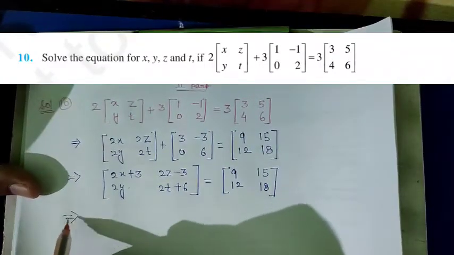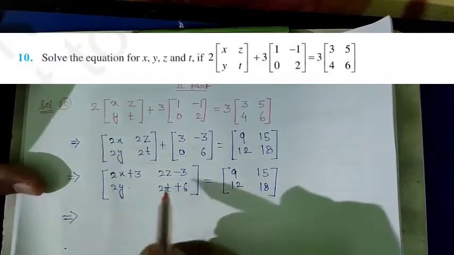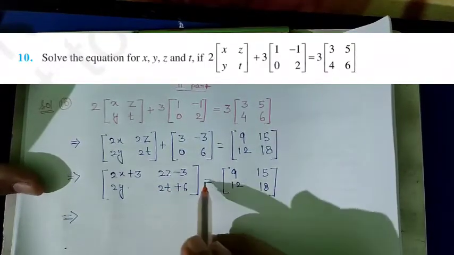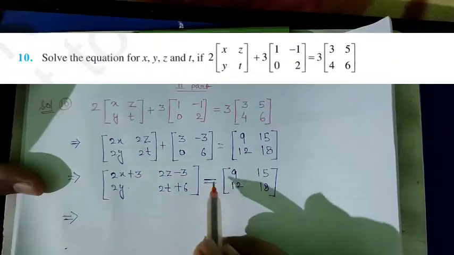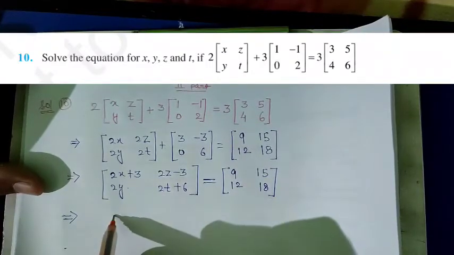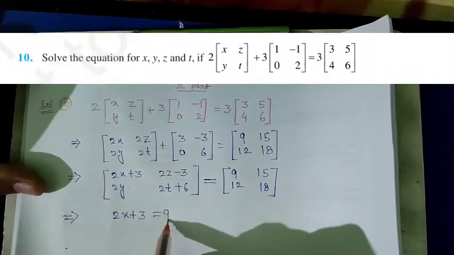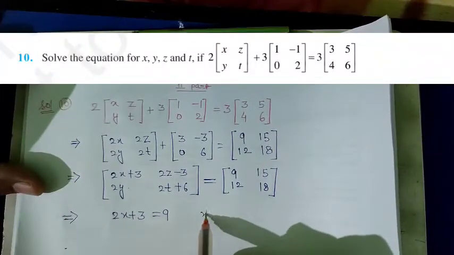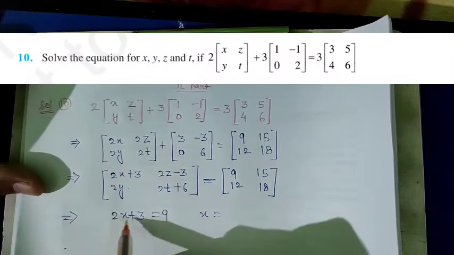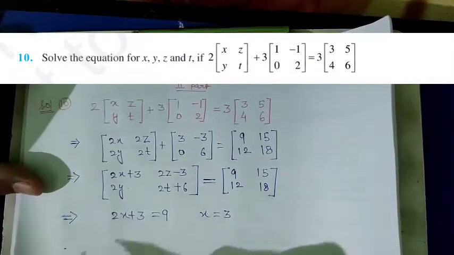If we compare the elements of these two matrices, as they have told us these two matrices are equal, we can say that 2x plus 3 equal to 9 will give us x as 6 upon 2, means 3.